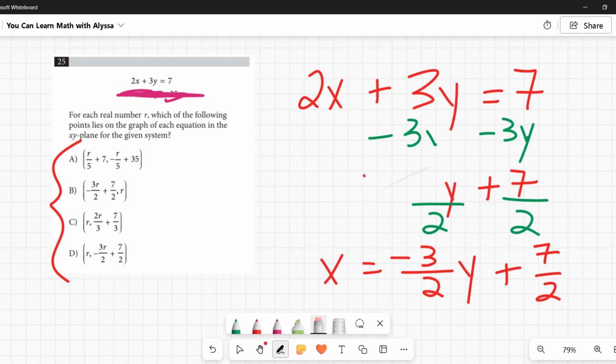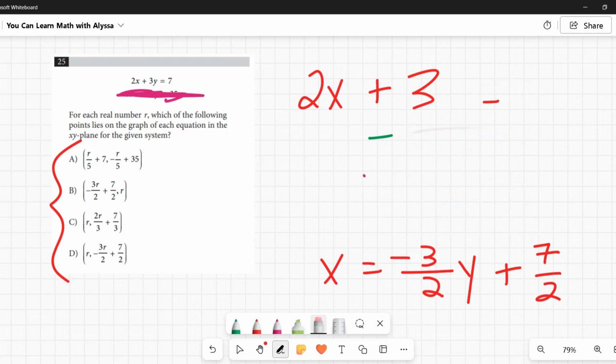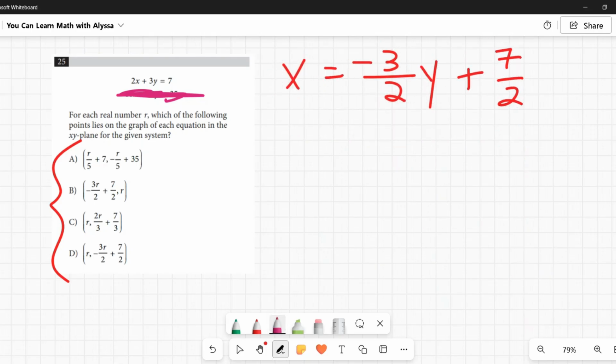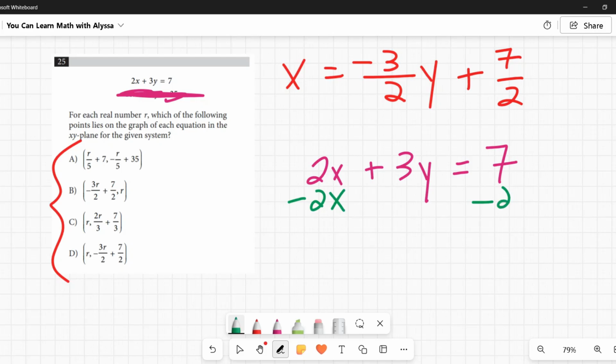Okay, so I'm going to keep that x is equal to that. And now I'm going to look at what happens if I solve for y. 2x plus 3y equals 7. Well, I'm going to subtract the 2x to move it over to the right-hand side.